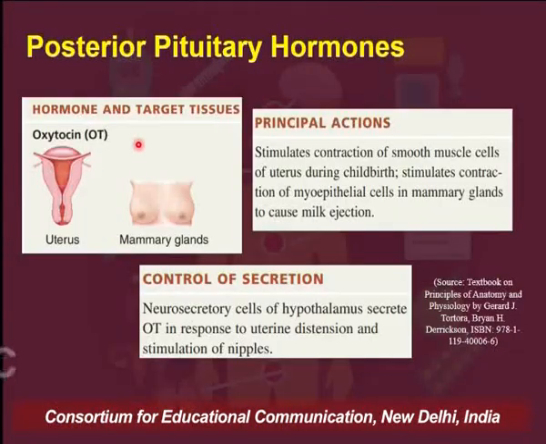So this is oxytocin, which is produced in the hypothalamus but released by the posterior pituitary, and its primary target organs are the uterus and mammary glands. At the level of cells, the smooth muscle cells of the uterus and mammary glands become the target of oxytocin.